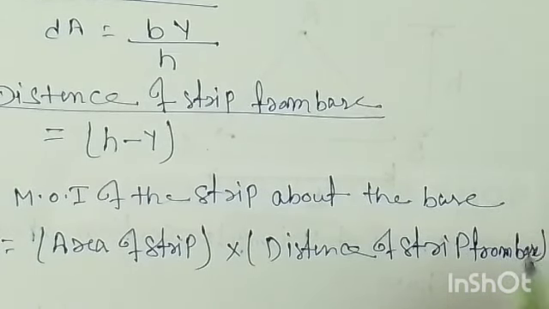So now we have to apply the parallel axis theorem. Before that, consider the triangular section ABC, whose base is b and height is h, as already written.